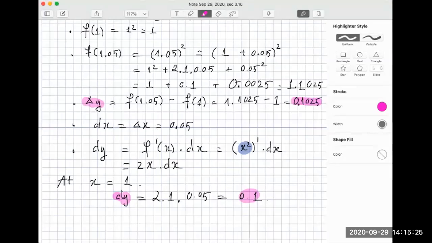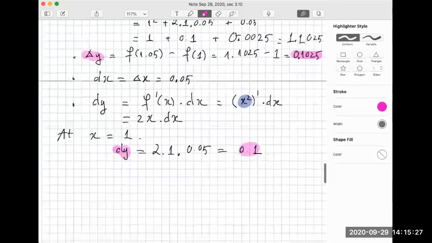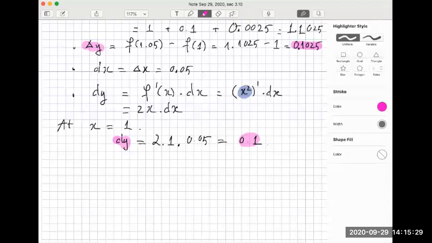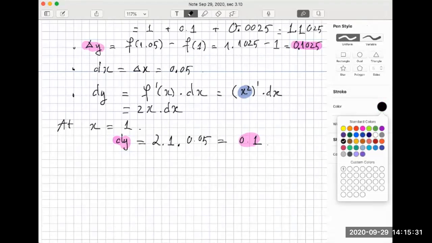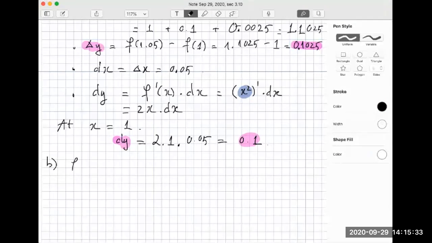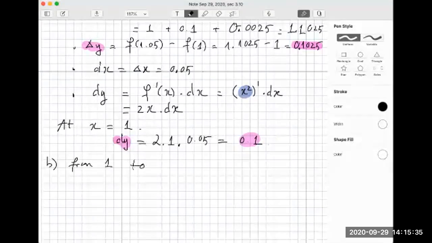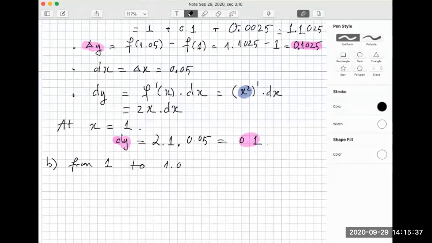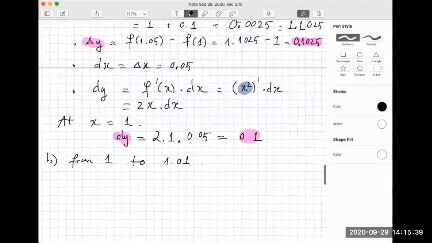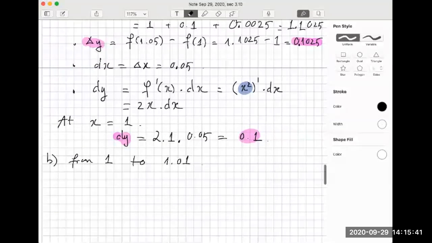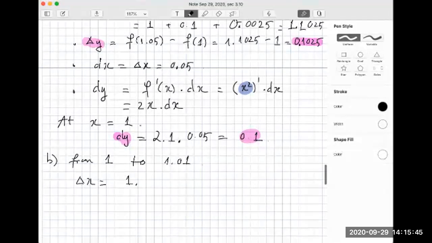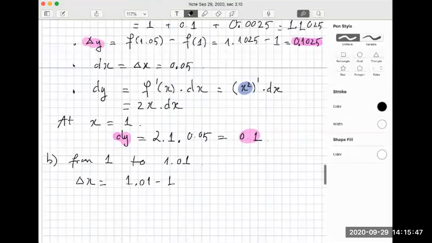And similarly, in question B, if it changes from 1 to 1.01, the same story, right? Delta x, which is 1.01 minus 1, and what do we have here?